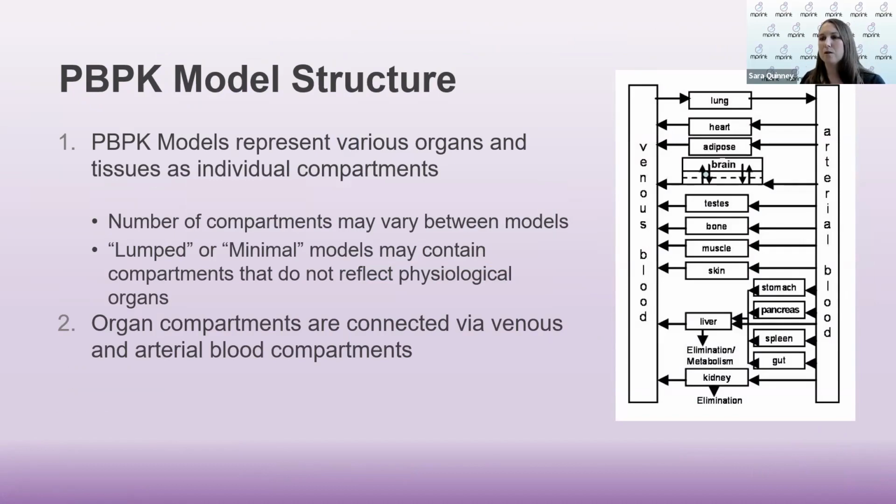You could still have your central and peripheral compartment volumes that come from, say, data from a clinical study. Unlike the empirical PK models, which tend to be more of a mammillary model, these organ compartments are connected via the venous and arterial blood flows, as you can see here, with the arterial flow going into the tissue and the venous flow coming out of the tissue.